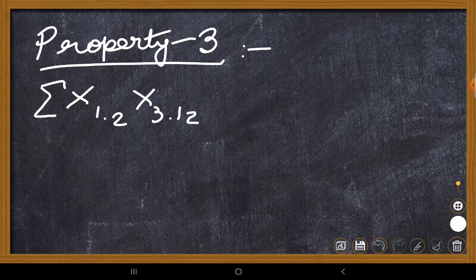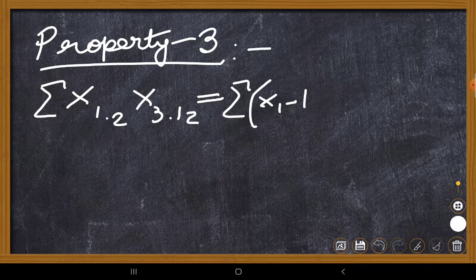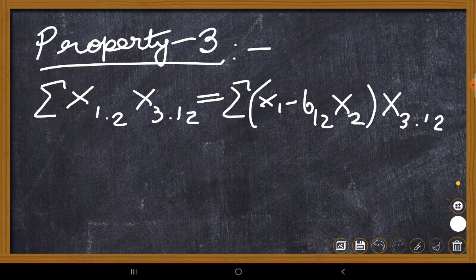So this is supposed to be 0. We can prove this in the same manner as before. Just substitute here: x1 minus b12 x2, into x3.12.